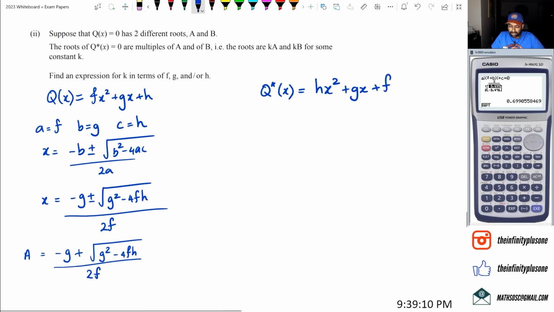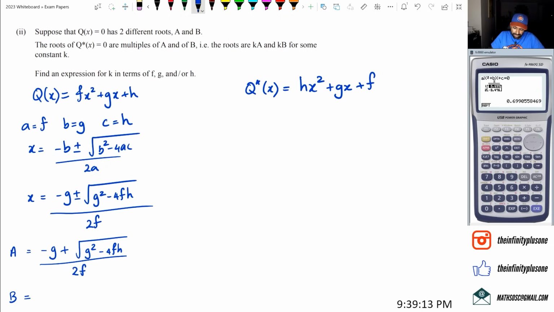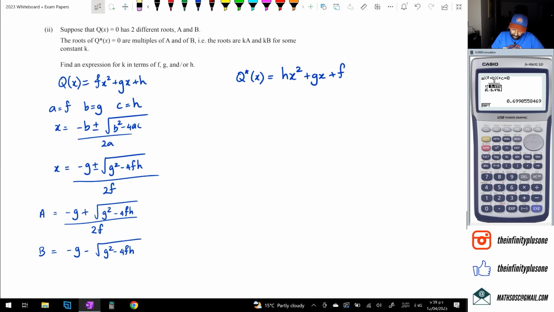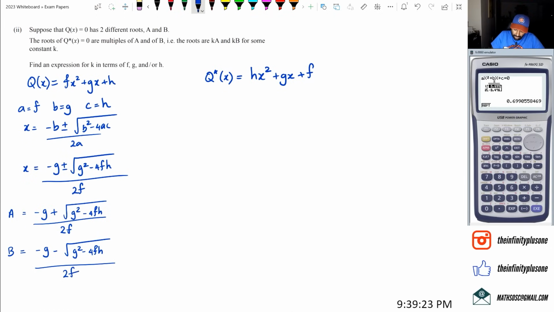All right, and then let's say that b is equal to the other part, minus g minus the square root of g squared minus 4fh, over 2f. Okay, so what we've just figured out here is, I'm just going to highlight this here for now. All right, so this is what a is equal to. And there's my root a. Sorry, one of the roots, which is a, for q of x.